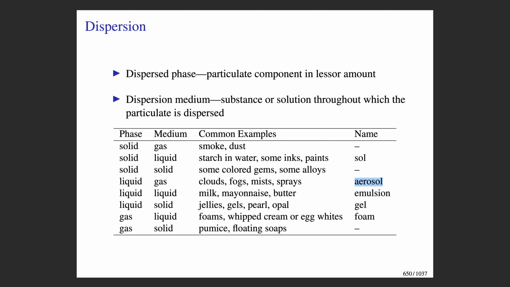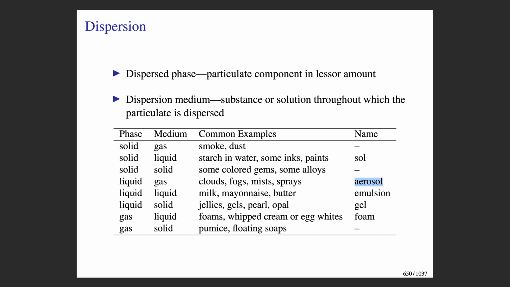How are they prepared? Well, one way is the so-called dispersion method, where you take large particles and grind them up into smaller particles that would be appropriate for making the colloid. So, for example, grinding up paint pigments for a certain amount of time to get them to just the right size so that you can make the paint.